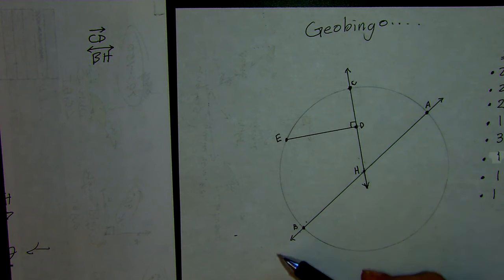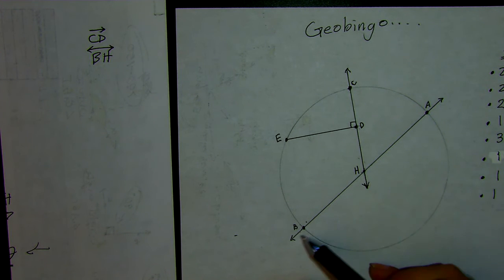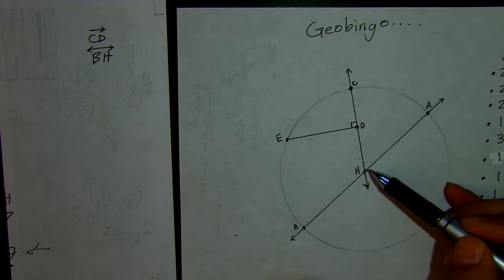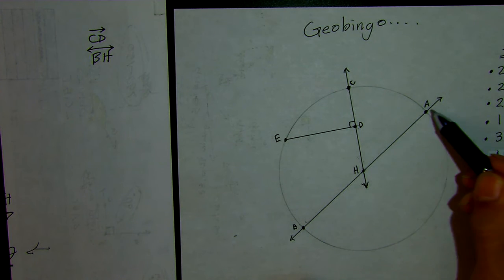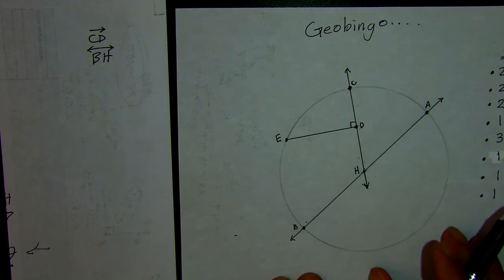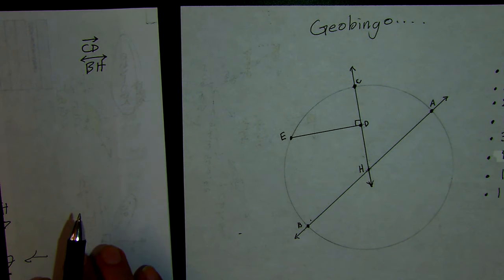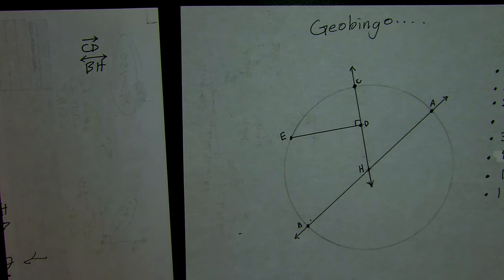I could look at it. So line BH is denoting this line. Line BA or AB is denoting this line. Line HA or AH is also denoting this line. So you may have actually more than one thing you can cross out if it was set up like that. All right, rolling the die.